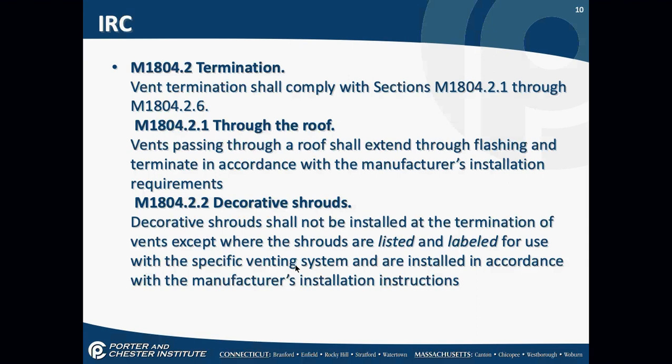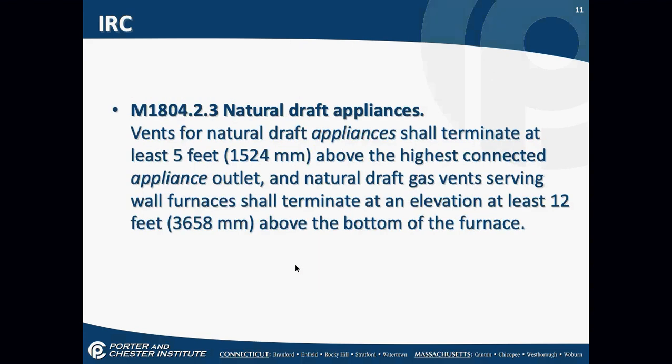The whole point of this is to make sure we get the products of combustion out of the building. Okay, that's the whole purpose of venting systems. Natural draft appliances have to terminate at least 5 feet above the highest connected appliance outlet.